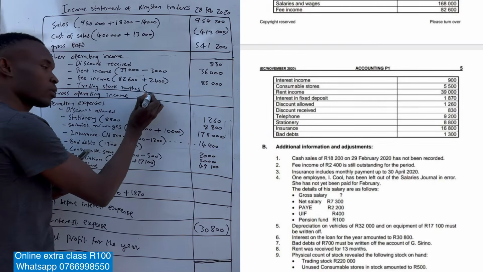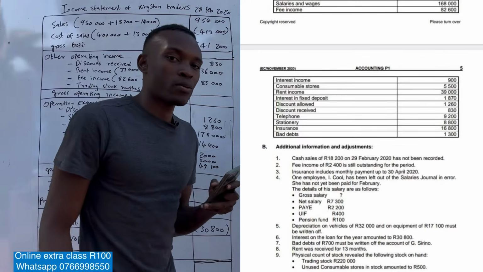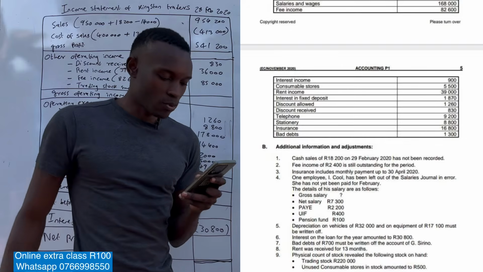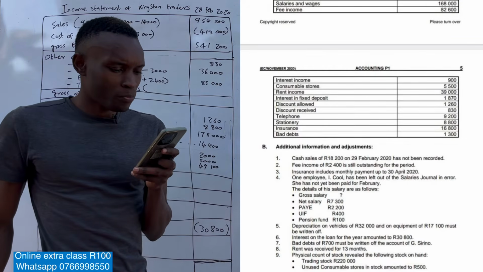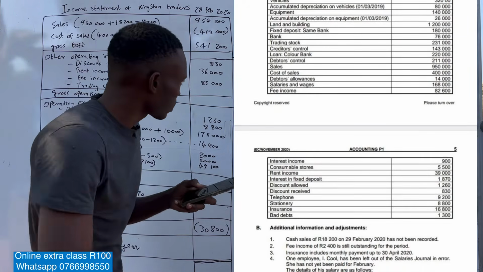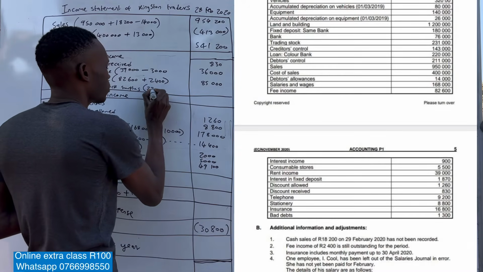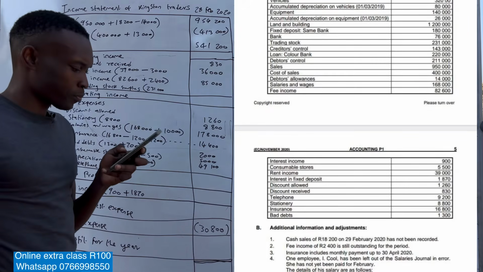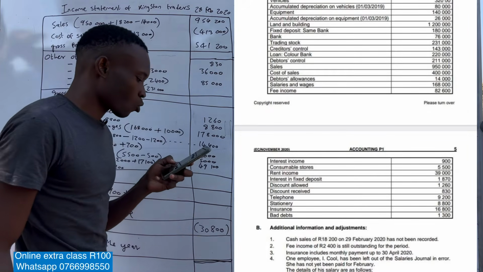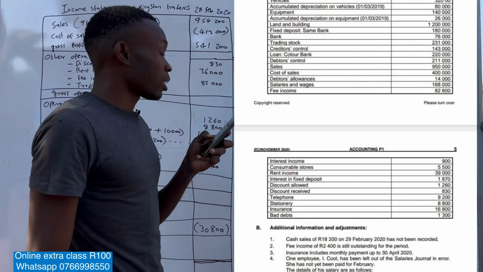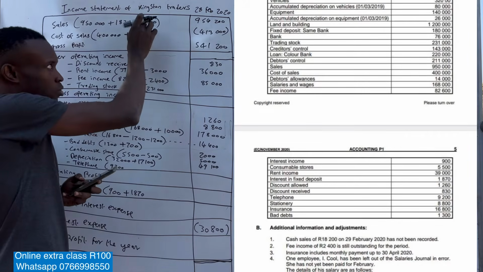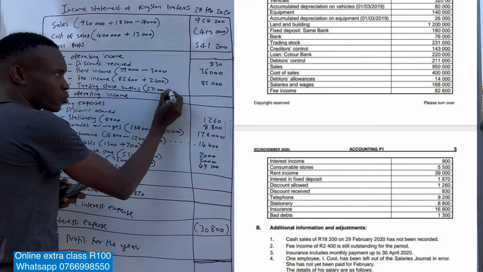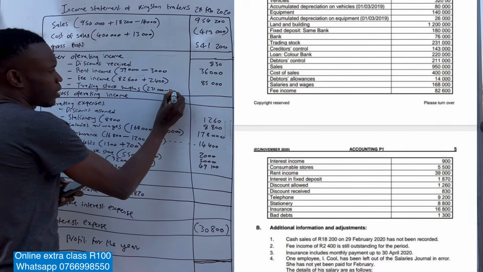And the next one, trading stock surplus, which sometimes can be a deficit. But in this case, it was a surplus, and I will explain why. At the beginning of the year, we had trading stock of 231,000, and during the year there was stock which has been sold, which was not recorded, which means that it was already out, minus 13,000.